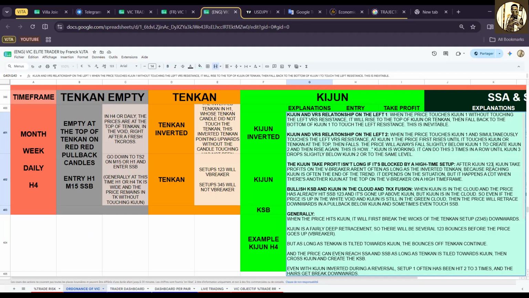So after Kijun 1, 2, 3, Kijun take profit on the V breaker and often as long as the inverted Tenkan, because reaching Kijun is often the end of a trend. It depends on the situation, but it happens a lot when there is another Kijun at the top on the V breaker on higher time frame.